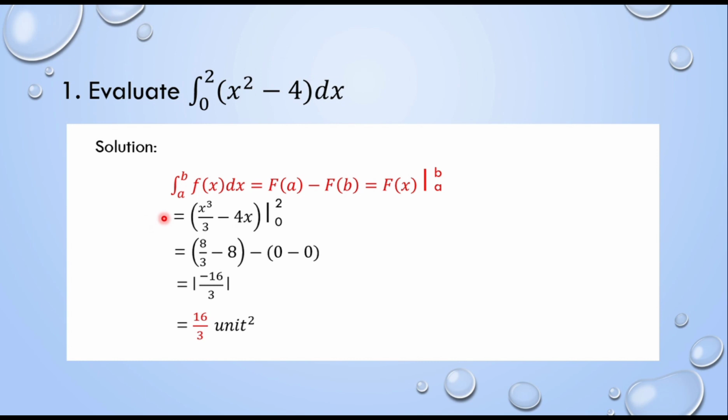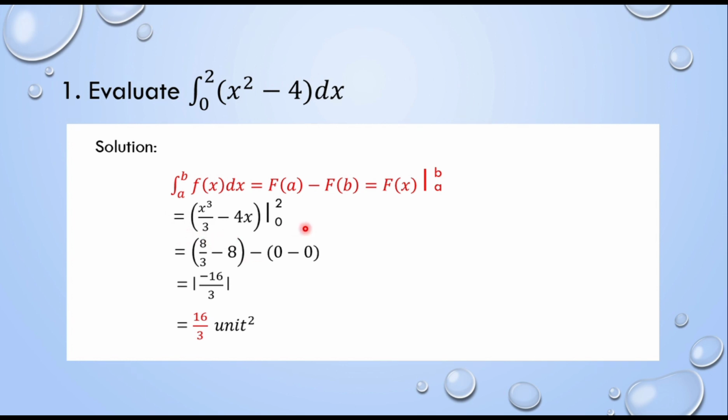So we have the quantity x cubed over 3 minus 4x over the interval 0 to 2. Why is it x cubed over 3 minus 4x? Because the equation is x squared minus 4x, we must add 1 to the exponent. So we have the result x cubed over 3 minus 4x.